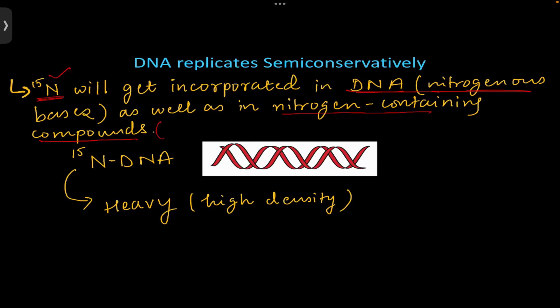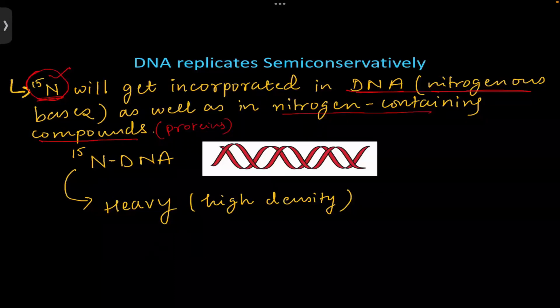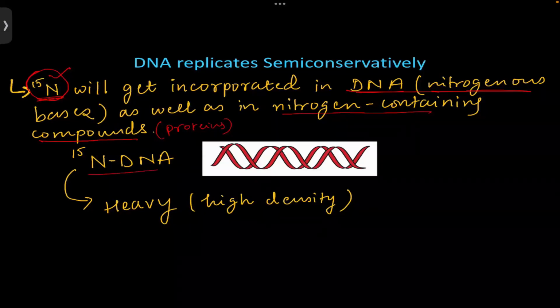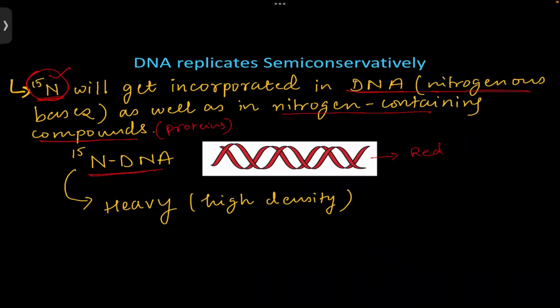So all the proteins in the E. coli cell will also get labeled by this N15 isotope. But we are not worried about that here. We are only concerned with the labeling of the newly synthesized DNA molecules with this N15 isotope. So I'm labeling the N15 DNA molecule with red. This is the heavy DNA molecule. It will have a higher density because of the presence of the heavy nitrogen isotope.